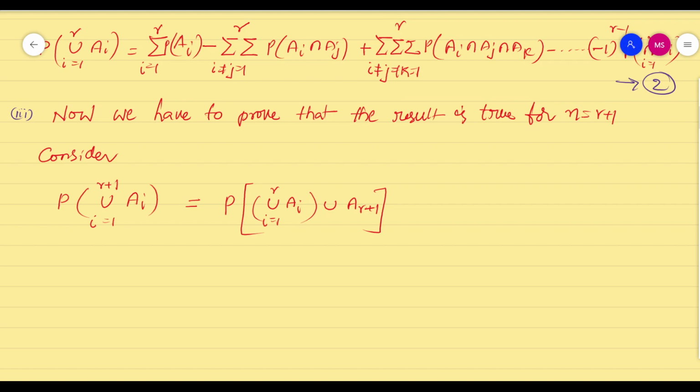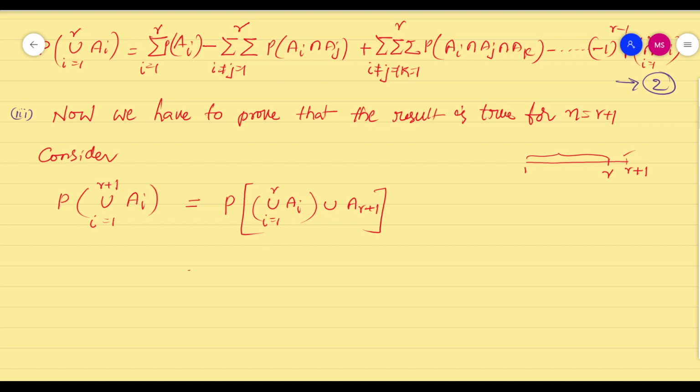How is it possible? It's very simple. See this, there are totally 1 to r plus 1 terms, right? Now I am taking 1 to r as one term and the remaining term is r plus 1. So union of i running 1 to r ai, union a r plus 1, is very simple, right?